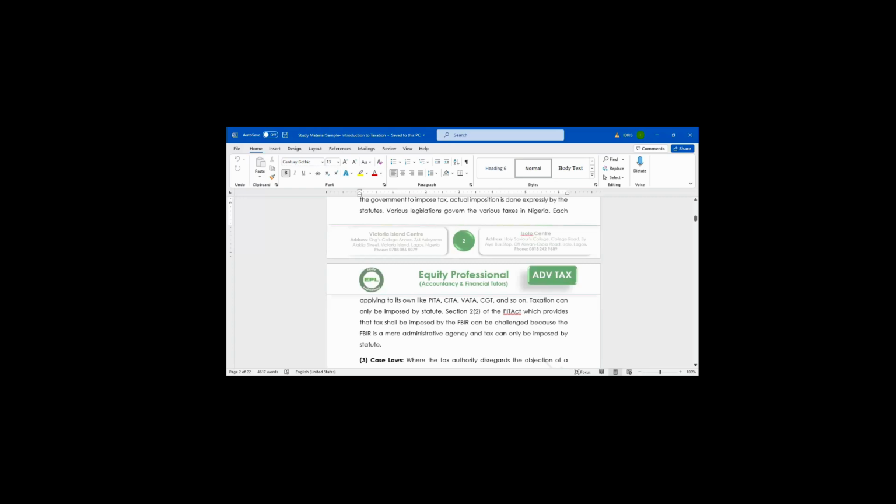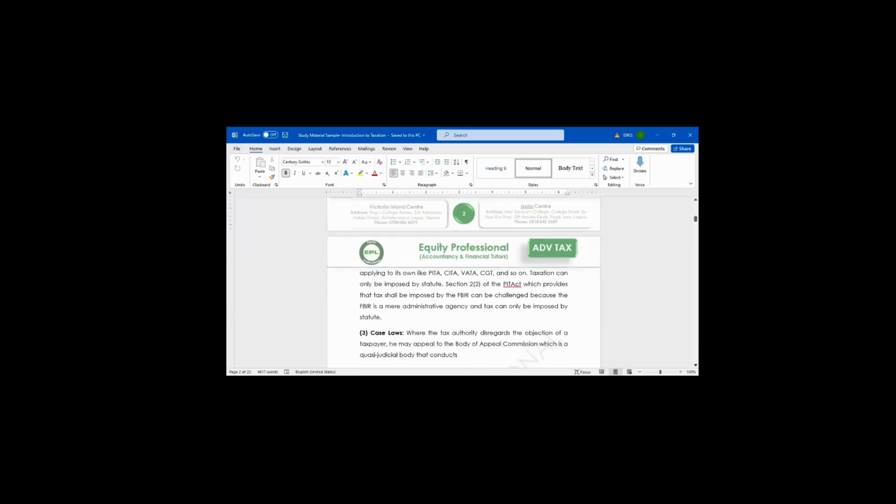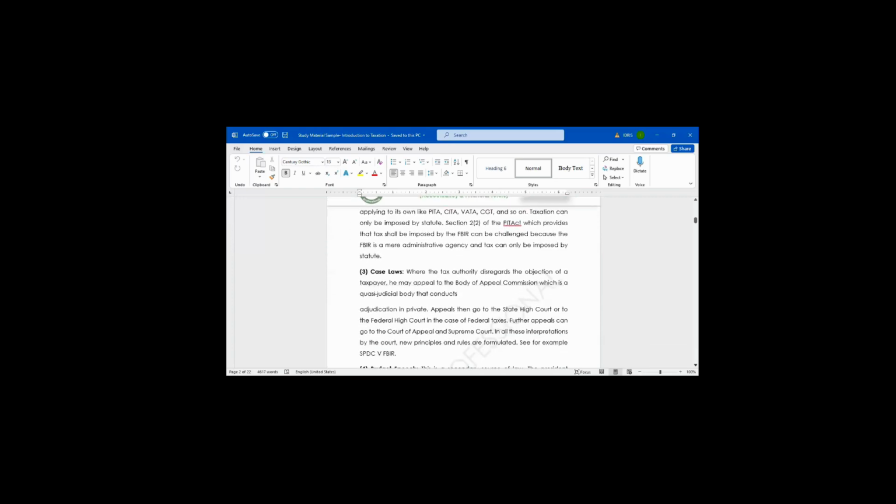Another source of tax law is called case law. Case law arises from tax disputes between the taxpayer and the tax authority.